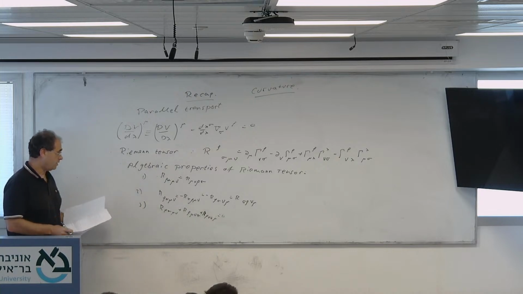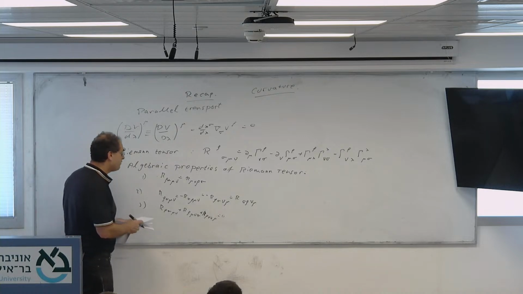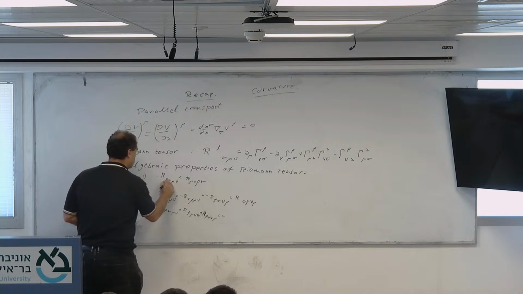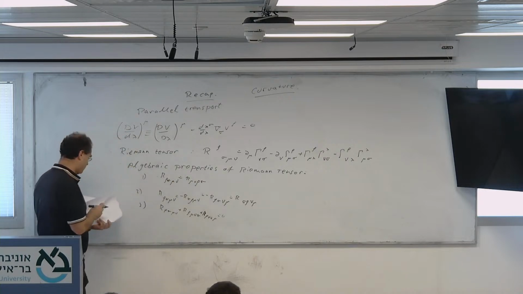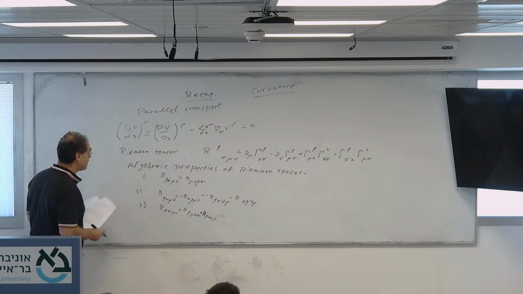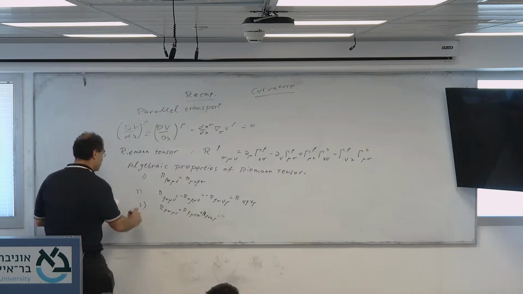Yeah, so after the rho in 1, it's sigma, right? After the rho in the first equation, it's rho sigma. Then of course it's anti-symmetric in the last 2 indices.